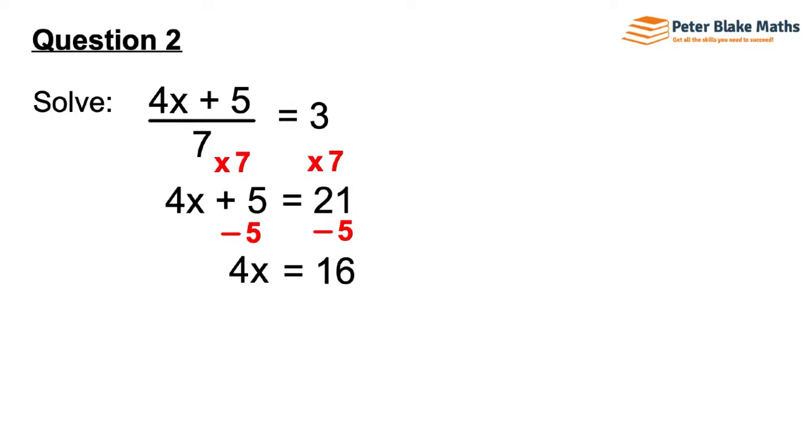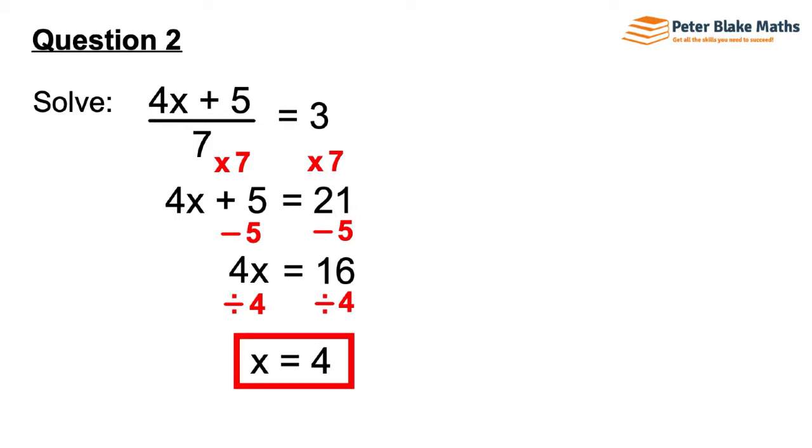And to get the x on its own, the 4 is multiplying the x, so we'll do the opposite to both sides. We'll divide both sides by 4, leaving us on the left hand side with x, and the right hand side with 4. So the final solution there: x equals 4.